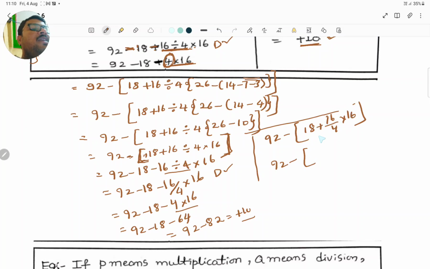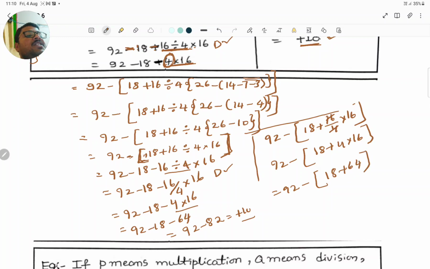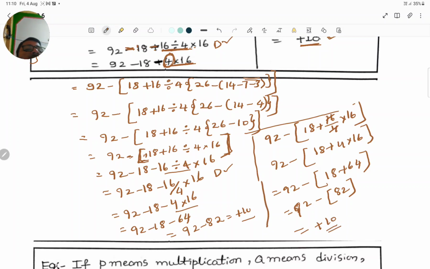Both processes are correct. 18 plus 4 into 16 is 64, 92 minus 82, again we will get the answer plus 10 only. Okay, this is the problem.